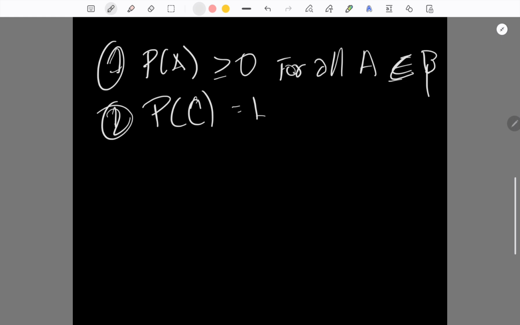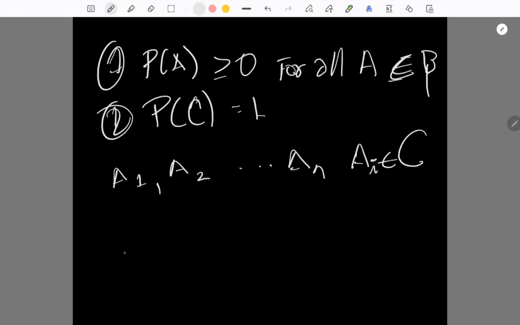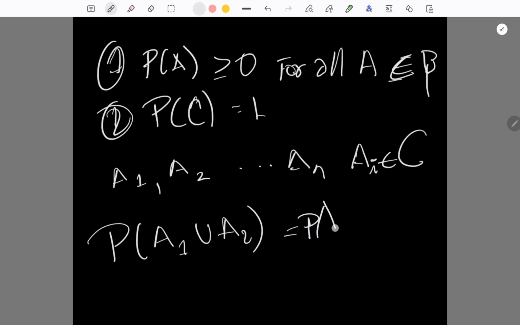And the third is, if you have disjoint events, one, two, whatever events, that belong to that collection, the probability of the union of whatever pairwise disjoint sets equals the sum of their probabilities.